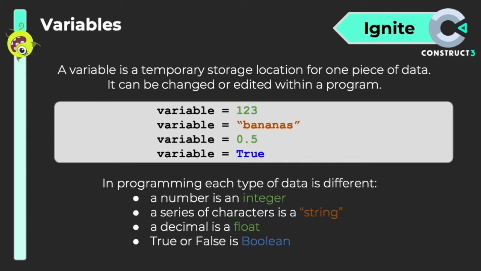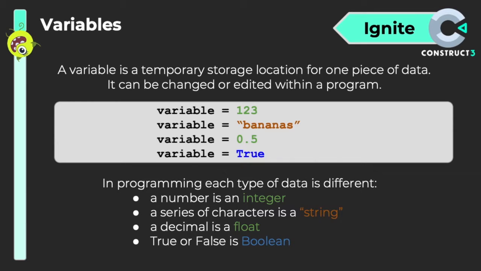So there are four different types of variables we are going to be talking about today. The first variable is a number integer. Those are whole numbers or counting numbers. If you need a decimal point, this is not the variable for you. The second variable is called a string. Computers can't understand human language, so whenever you need to display human language or use it, you have to put it in quotation marks.